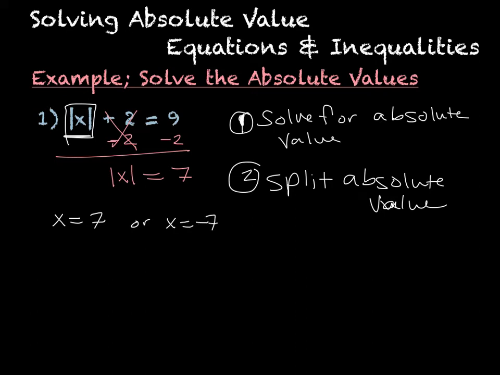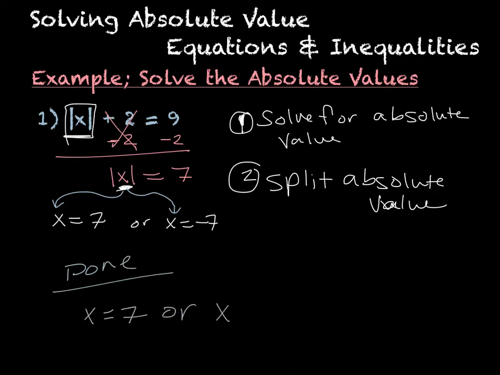And in this case, whatever is inside the absolute value, that is what goes here. So you might have to solve more after that, but in this case we are done. And our final answer is x equals 7 or x equals negative 7.